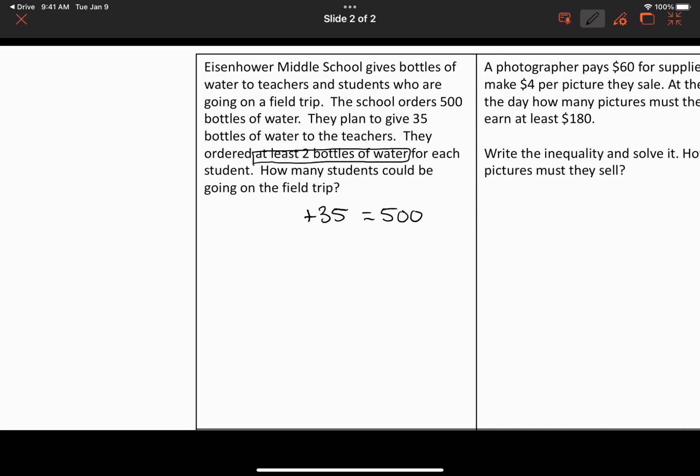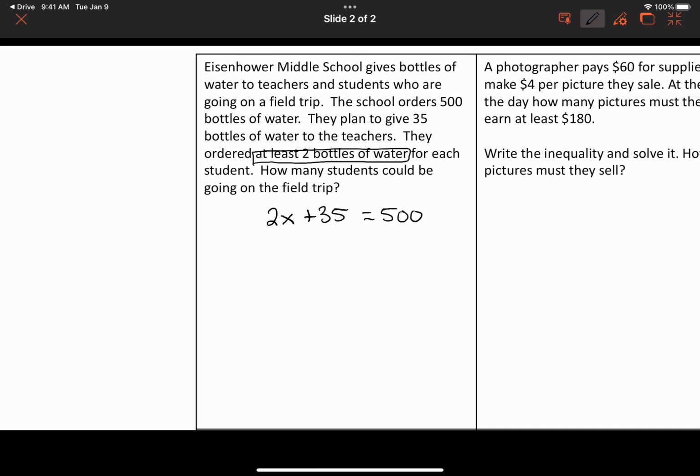Okay, so that's 2 bottles per student. Okay, and this would be an at least number, so we're going to be giving at least this many students. Okay, at least kind of gives its way to an inequality, but let's be really careful there. We should be staying less than or equal to 500 because we are ordering 500 bottles. So we can talk about that in a little bit, and we will get there in just a second, okay?